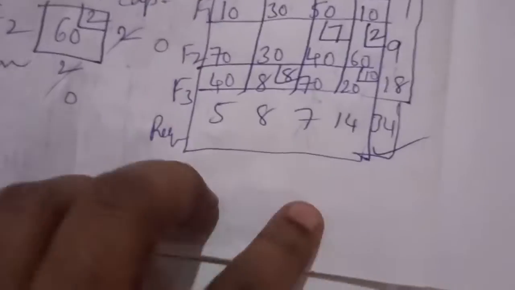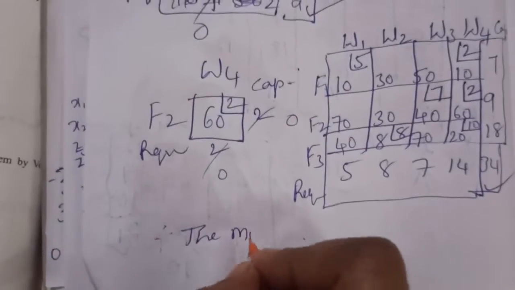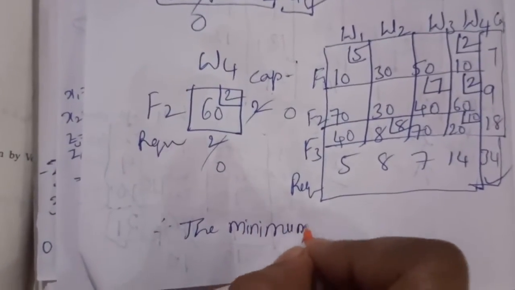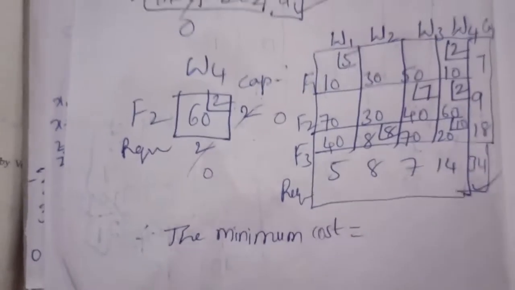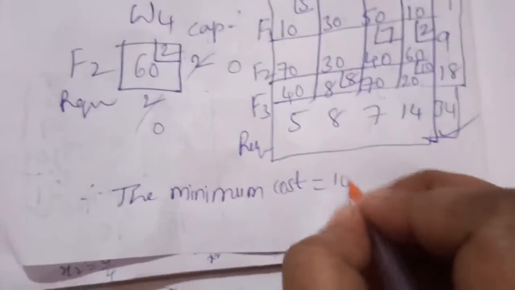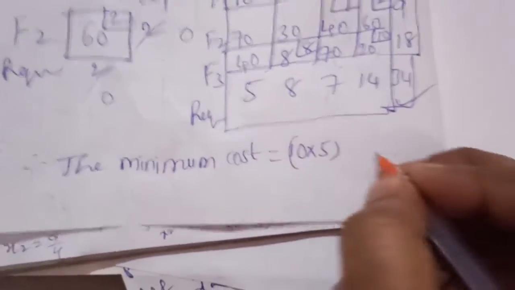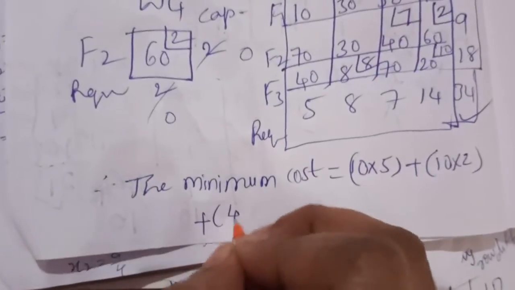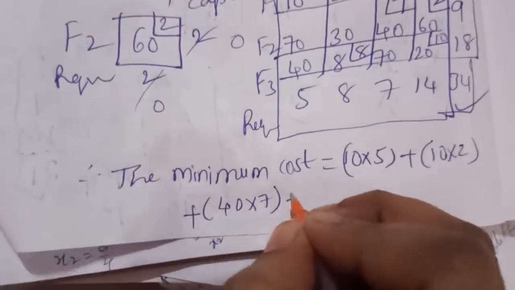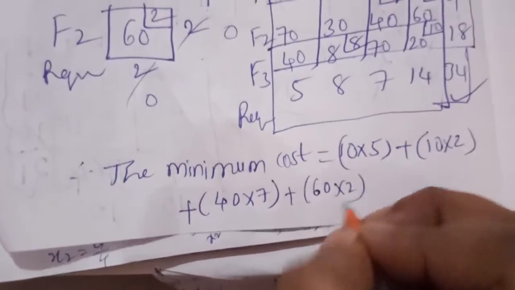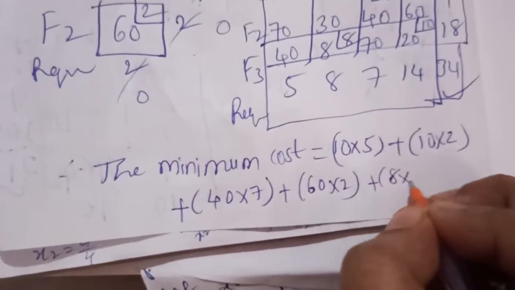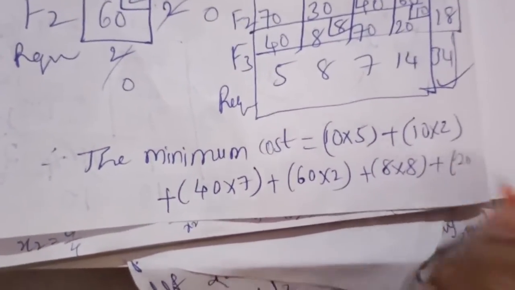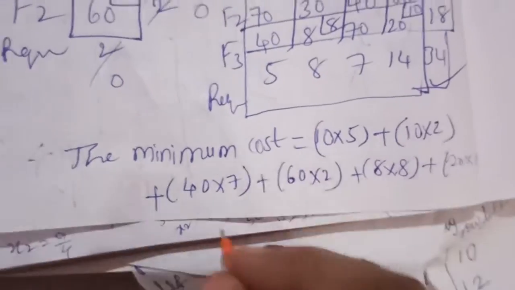So 6 allocations are possible. Therefore the minimum transportation cost is 10 into 5, plus 10 into 2, plus 40 into 7, plus 60 into 2, plus 8 into 8, plus 20 into 10.